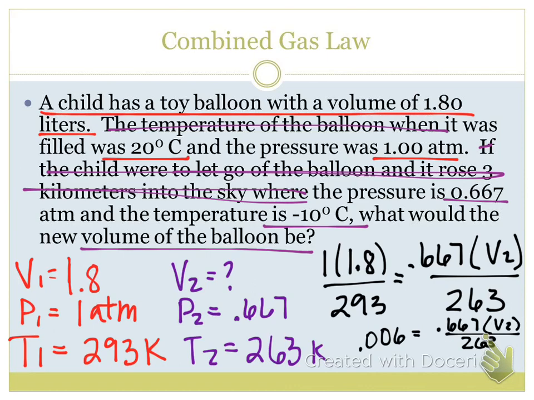And from there, I would multiply here, and then I would divide by the 0.667. You don't have to do it that way. Whatever works best for you is fine. But final volume, I got to be about 2.42 liters.